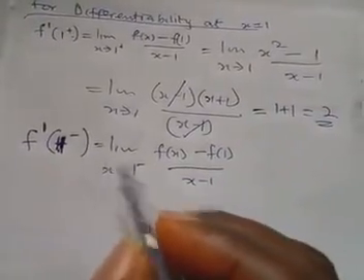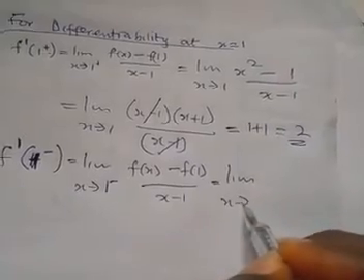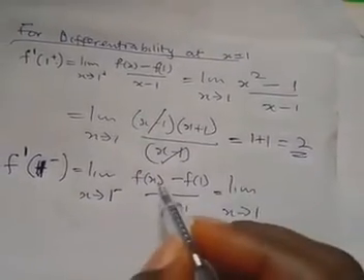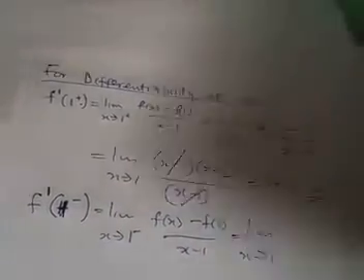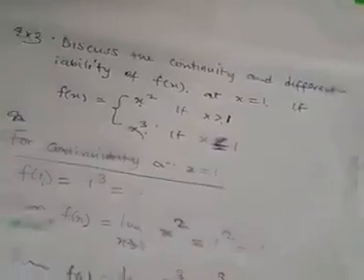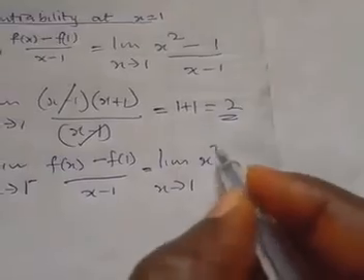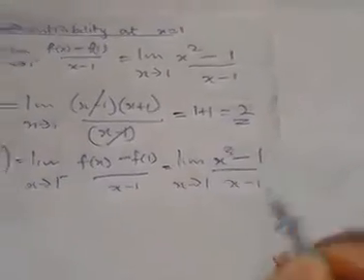And the formula yields this. So this is the limit as s tends to 1 from the negative side, the left-hand, when s is less than 1, we have f(s) to be s cubed. So our f(s) is now s cubed minus f(1), which is still 1, over s minus 1.